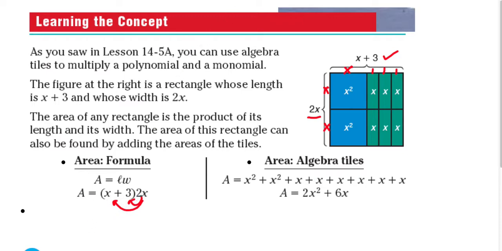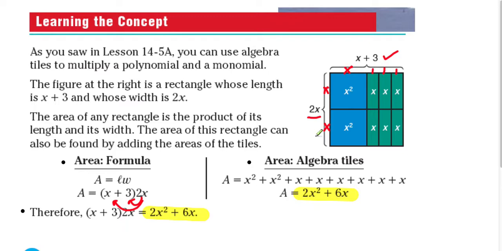If we multiply 2x times x, we end up with 2x squared. If we multiply 2x times 3, we end up with 6x. So it's the same answer right here and right there. In this case, we use algebra tiles; in this case, we simply use the formula, the distributive property.